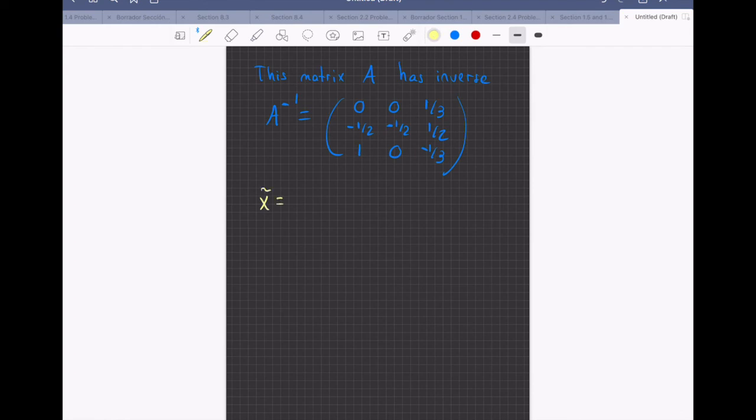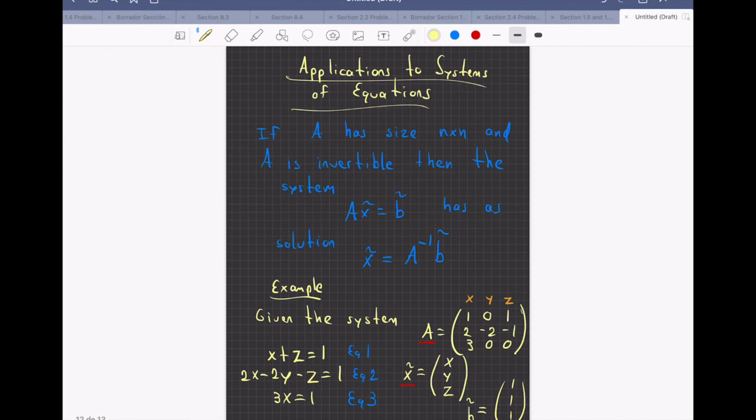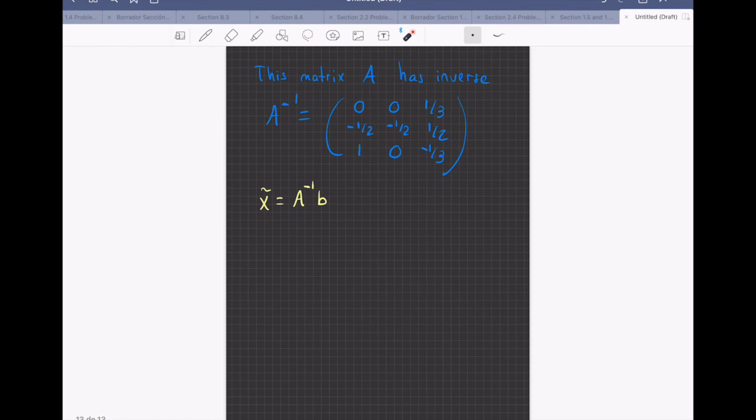X is equal to A inverse times B. So you remember we are multiplying matrices. This A inverse is 0, 0, 1/3, negative 1/2, negative 1/2, 1/2, 1, 0, negative 1/3 times B.